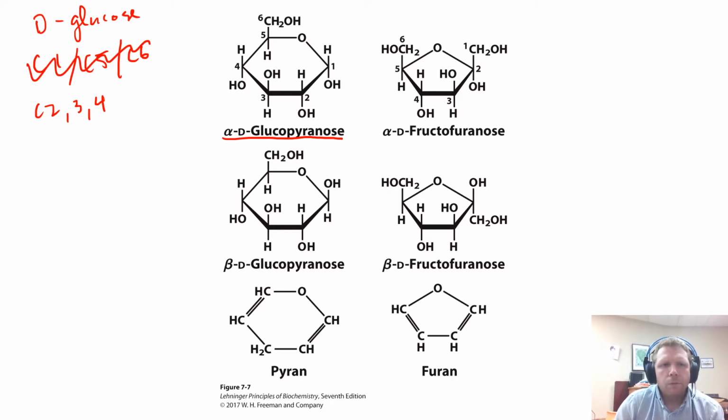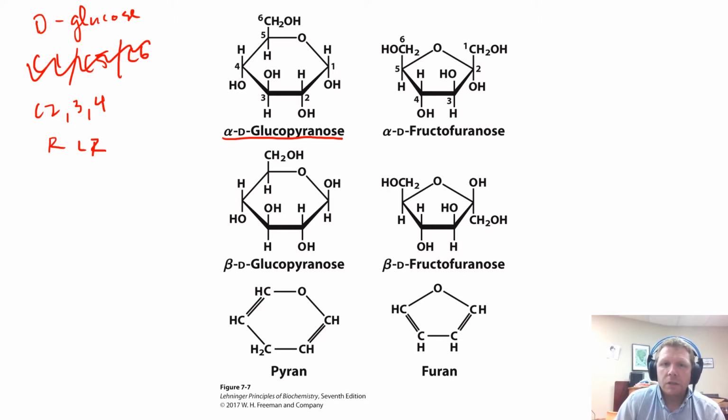Okay. Now for 2, 3, and 4 we had a system, RLR. Oxygen on the right-hand side, left-hand side, right-hand side. That was our system that we used to basically keep in mind the naming. Now, we can do the exact same thing when we're talking about a cyclic sugar.